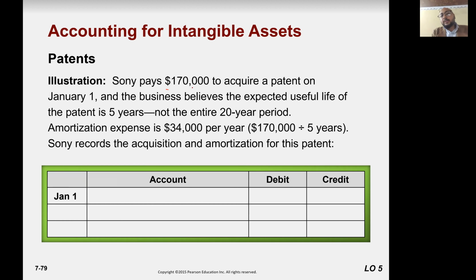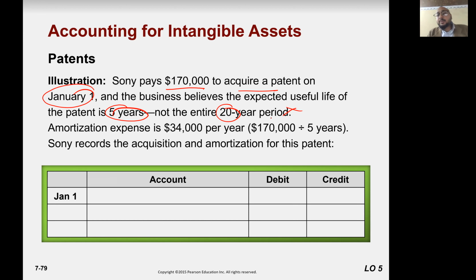So Sony pays 170,000 to acquire patents on January 1st, for 20 years. But the business believes that the expected useful life is 5 years, not the entire 20 years. Okay. After 5 years, new technology will come and they need to buy another patent. Okay, not 20 years. Good.